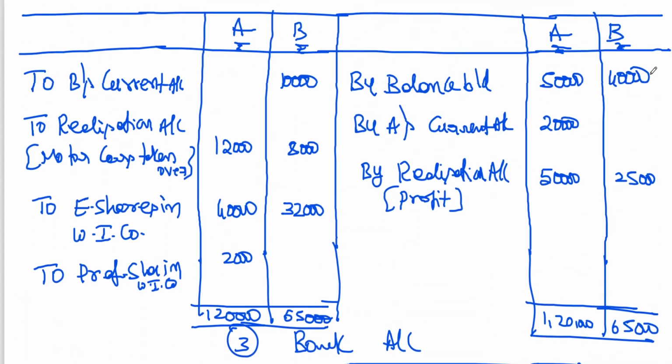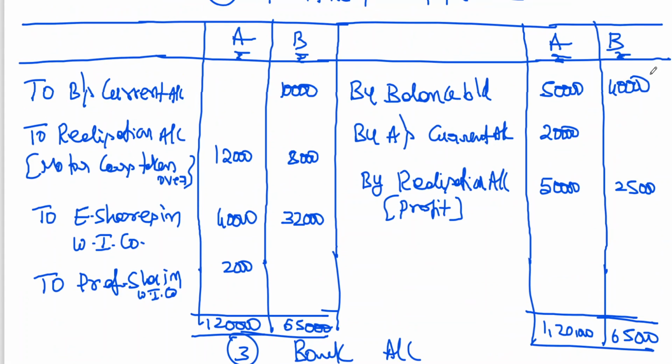Then 1,20,000 minus 12,000 minus 40,000 minus 2,000. How much do you need to pay? 66,000 to bank. Final payment.